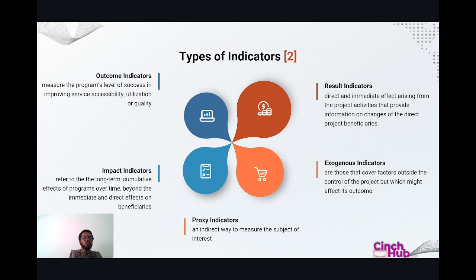Now there is also what we call exogenous indicator as well as proxy indicator. Exogenous indicators are indicators that cover factors outside the control of the project which might affect its outcome.